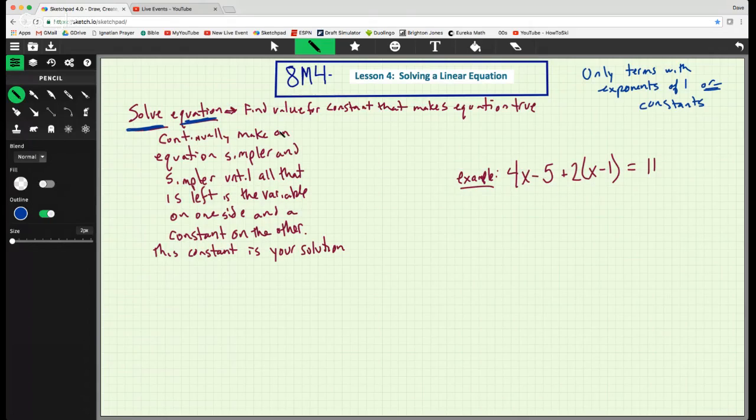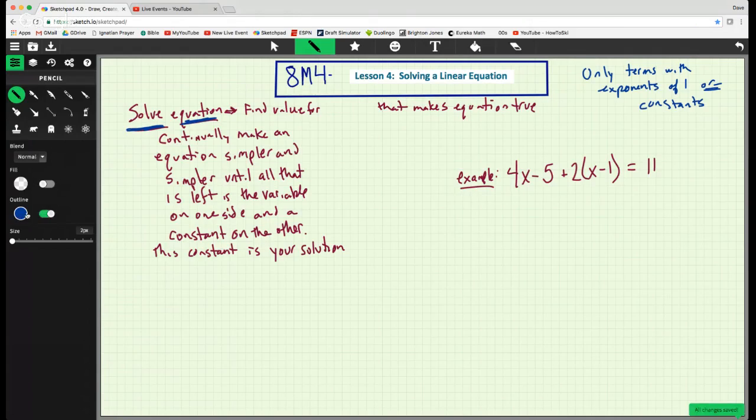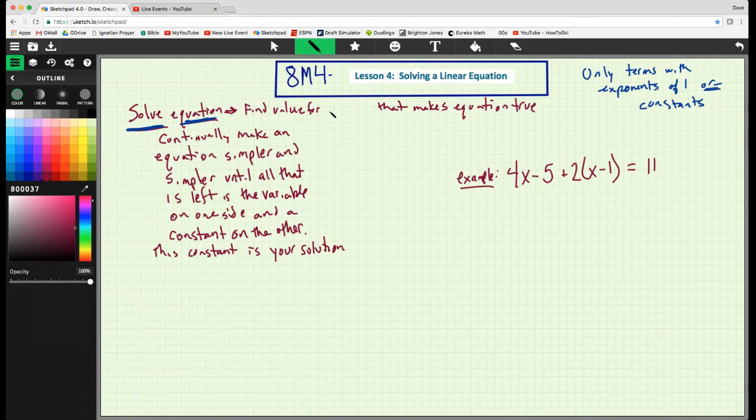Okay, so now let's talk about the main point of today's lesson, which is to solve equations, right? And the whole idea of solving an equation is finding a value for a variable that makes the equation true.